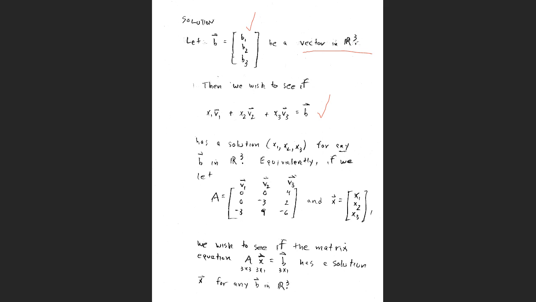In other words, does x1 times vector V1 plus x2 times vector V2 plus x3 times vector V3 equal B? Does that vector equation have a solution for any vector B in R cubed? That's what we're trying to determine. It was obvious for the standard basis E1, E2, E3, but we have to formally show it for this set of vectors.